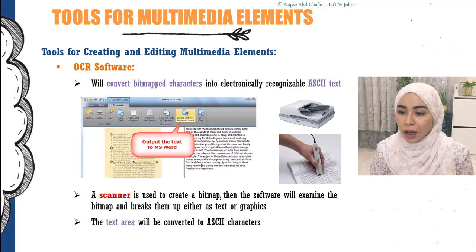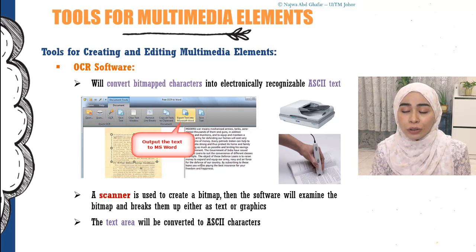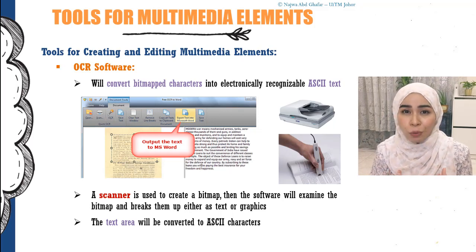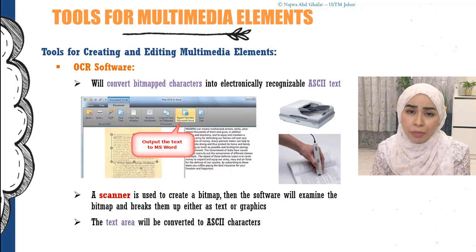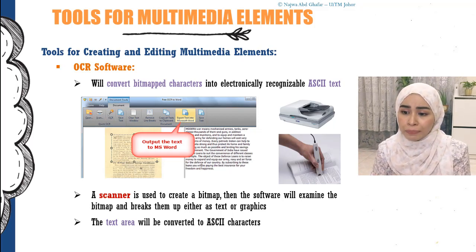Also if you have a regular scanner where you want to scan a text document, for example a letter, you can just use a scanner for that, and it will transform that into an image inside the computer. But you cannot edit an image. So if you want to edit the text inside that document and you don't want to retype it, you can use OCR software.